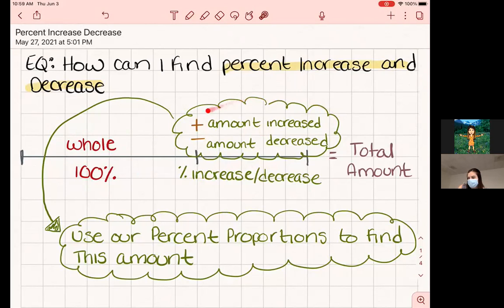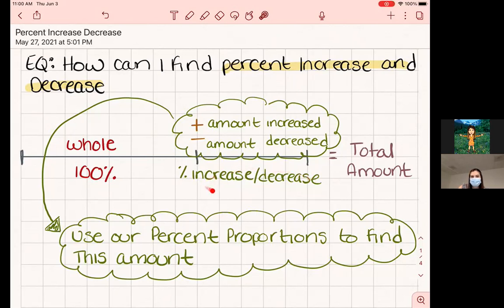Then this second half over here has to do with the percent increase or the percent decrease. So your story will say like on sale for 20% off, decrease, or an increase of 5%. So when you're reading a story, the first thing you're going to decide is is this an increase or a decrease?